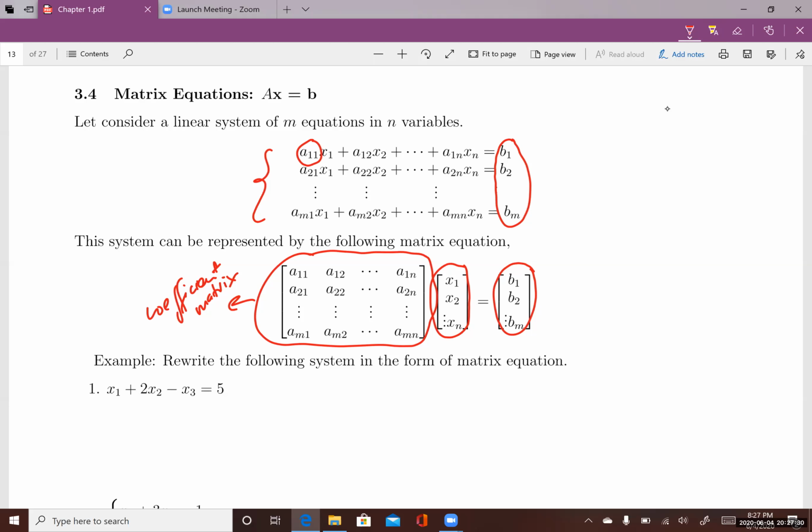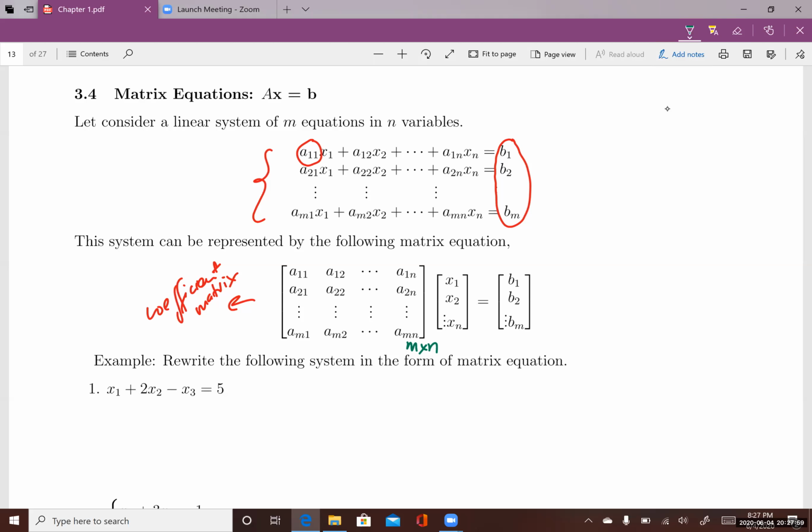Now let's look at the size or the dimensions of each of these vectors or this matrix. First, the coefficient matrix is an M by N matrix.